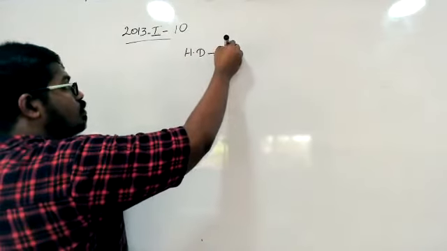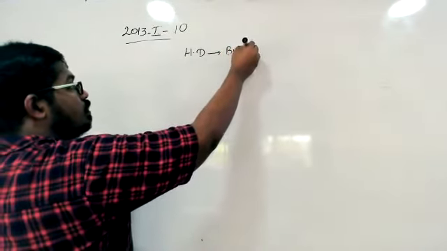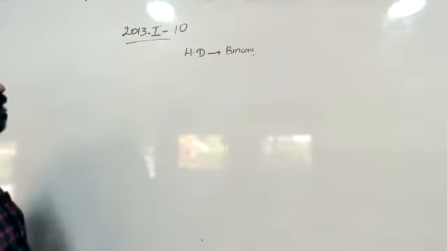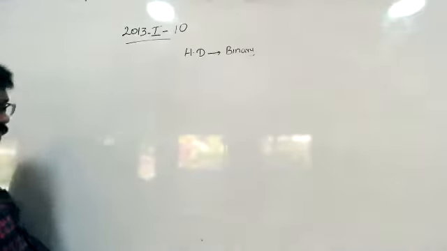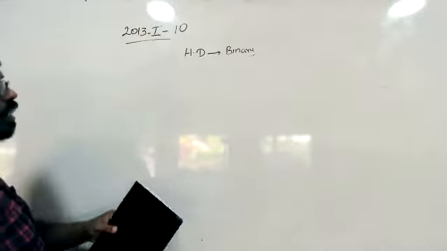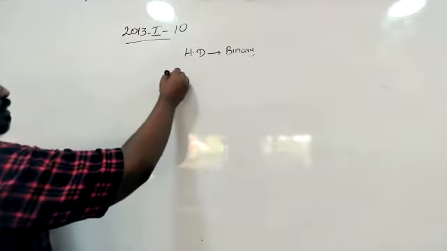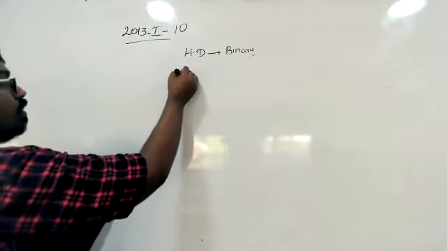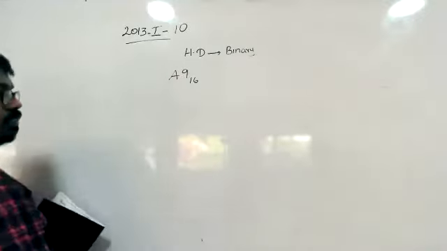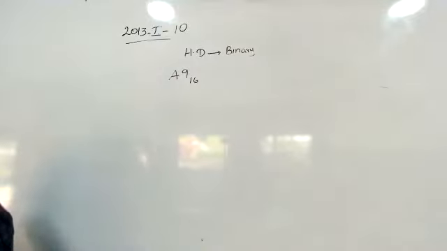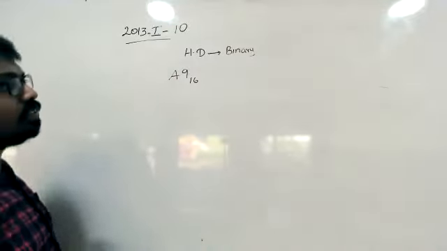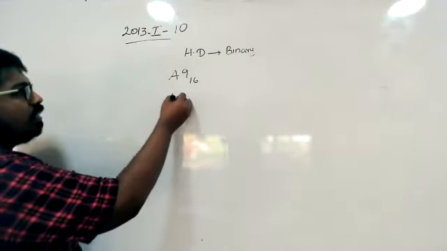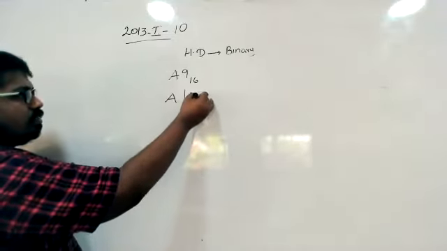Hexadecimal to binary conversion. When you consider the hexadecimal number, the given hexadecimal number is A9 base 16. Right? So A9 base 16, you have to separate the digits.